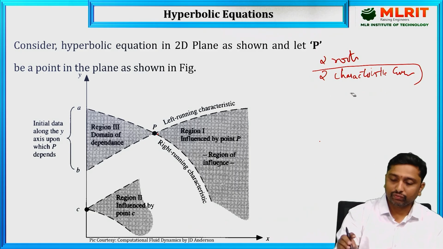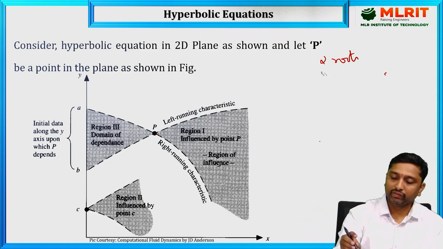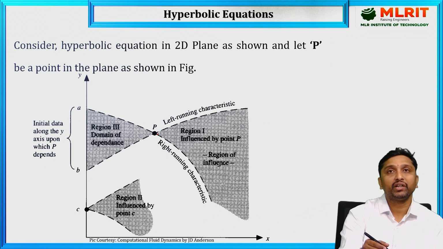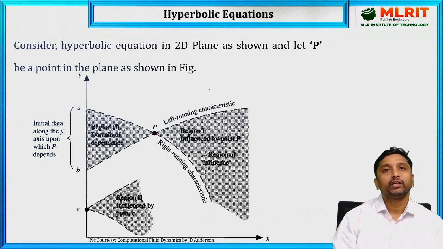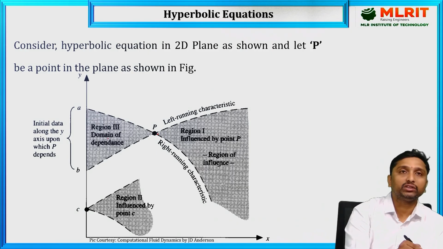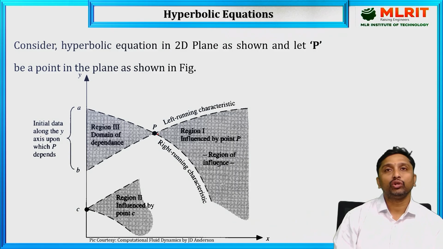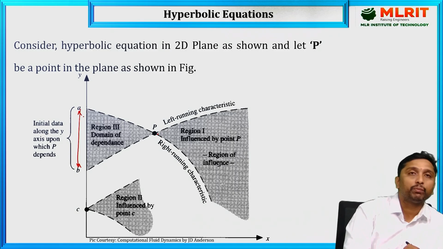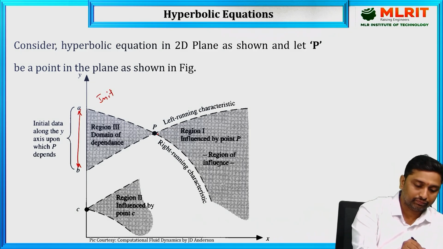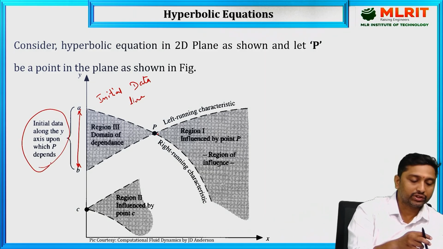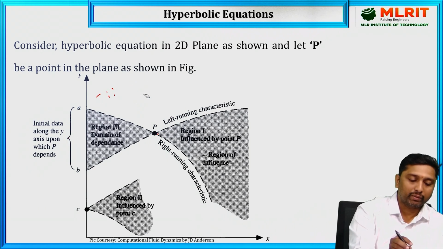By the definition of hyperbolic behavior, you have two different roots, that means two different characteristic curves: the left running and the right running characteristic curves. The region before that we call the domain of dependence, and the region after that we call the region of influence. Here, A and B represent the initial data line, which is the reference system where we define the flow parameters.